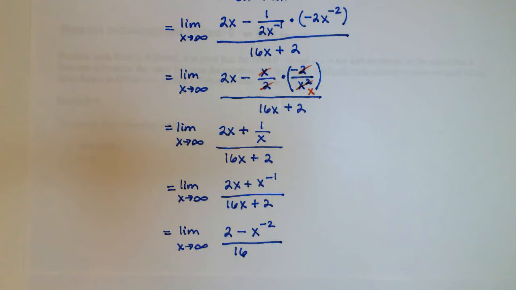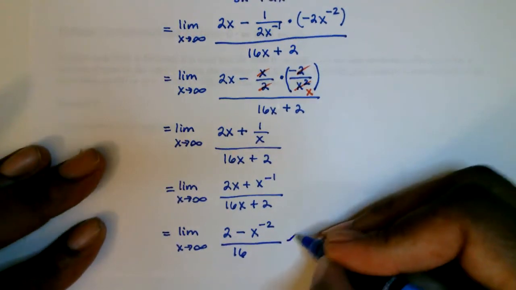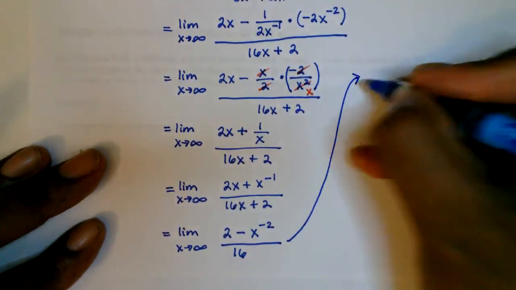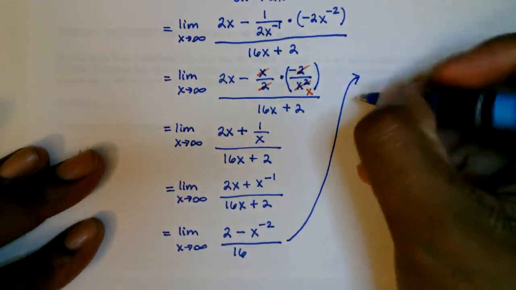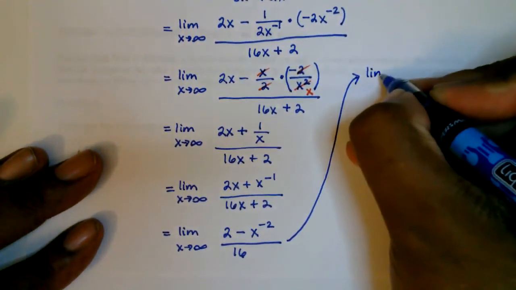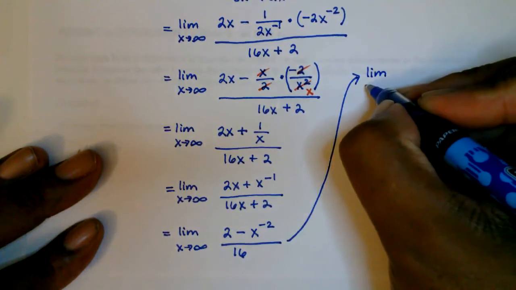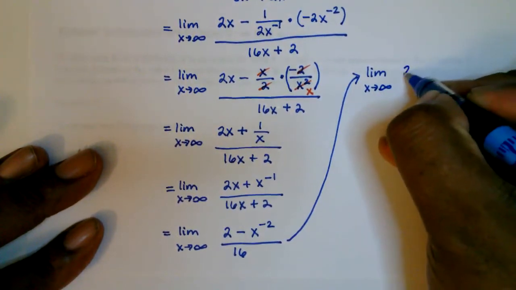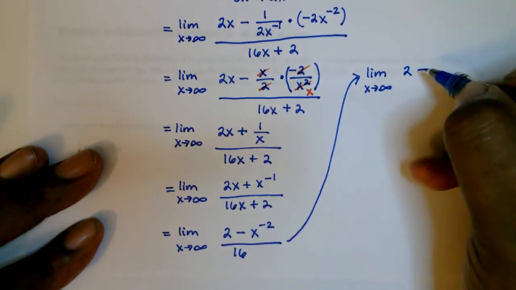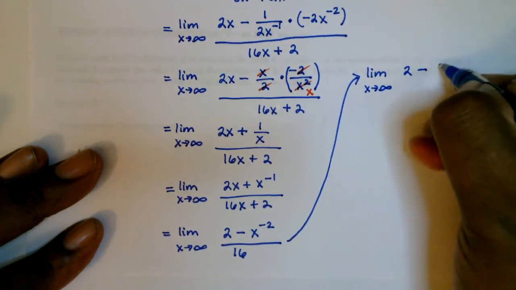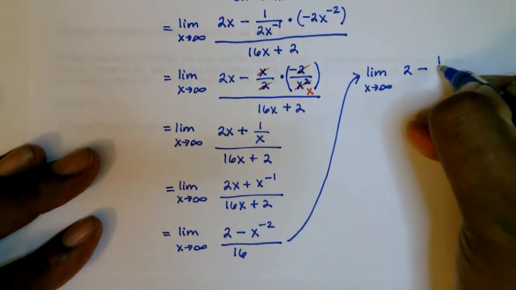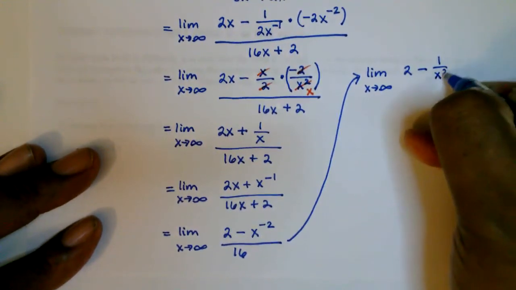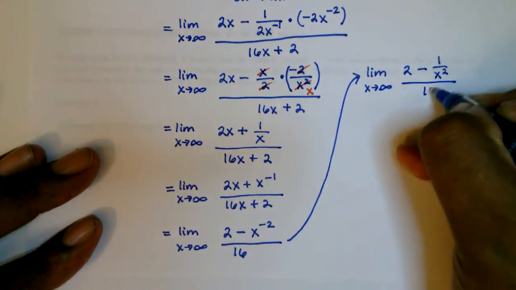All right, so what I need to do here is continue this over here somewhere. This will be the limit as x approaches infinity of 2 minus x to the negative 2. If I write that using positive exponents, it will be 1 over x squared, divided by 16.